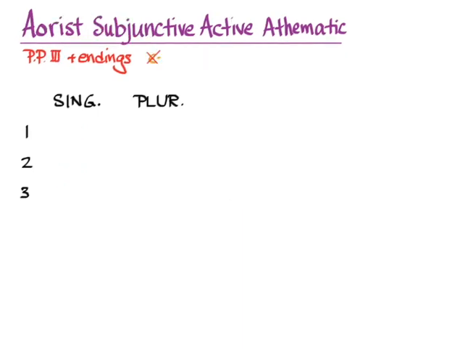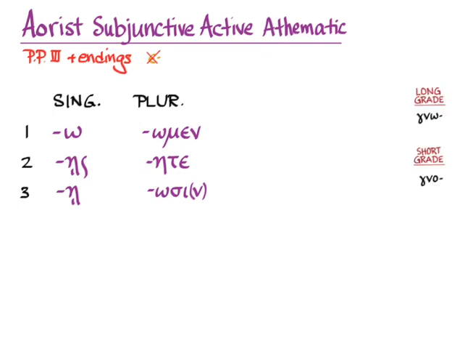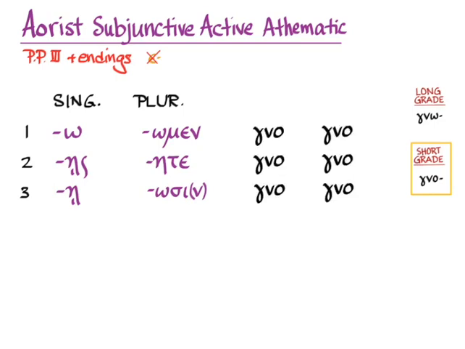We can go on now to the subjunctive active athematic version of this word. And our endings are going to be those subjunctive endings that we've known for so long. And for this, we're going to need the short grade stem. And so if I go ahead and put those in there, then we've got gno for all 6 words. But what's going to happen here is exactly what happened with didomi with the short grade aorist subjunctive active, where we treat it as if it's an omicron contract with those endings.